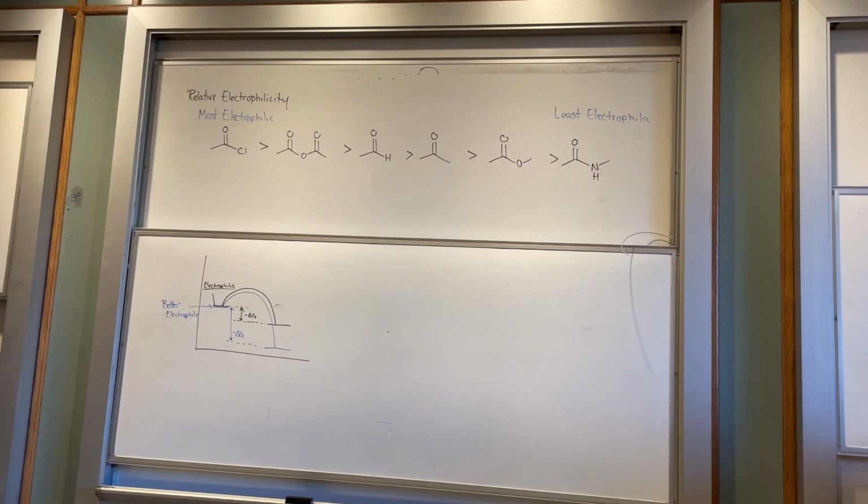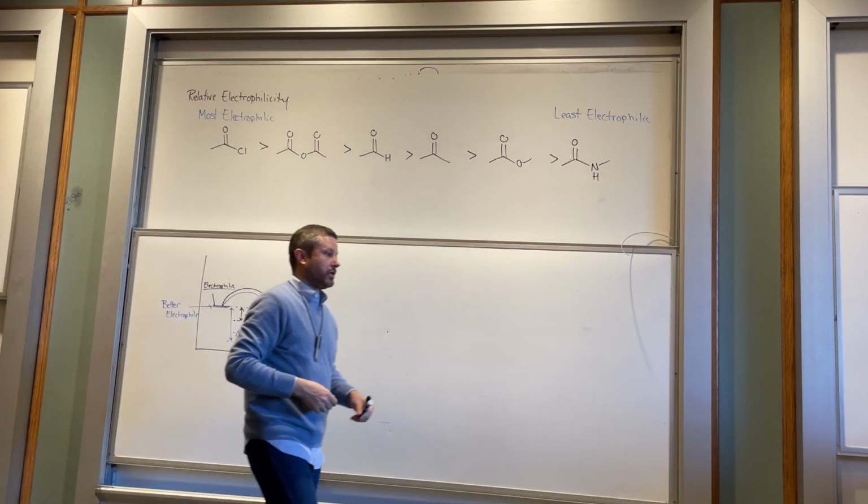The delta G of that reaction is going to be greater, more exothermic, more product-based. But there's another case where we can have a better electrophile. It's not just the reactivity of the products; we also have to think about the reactivity of the starting material.